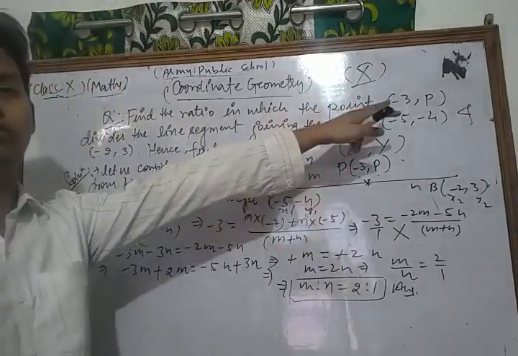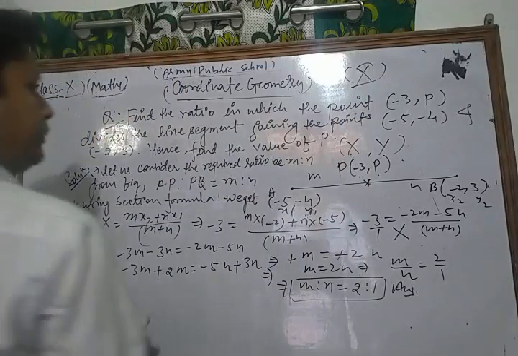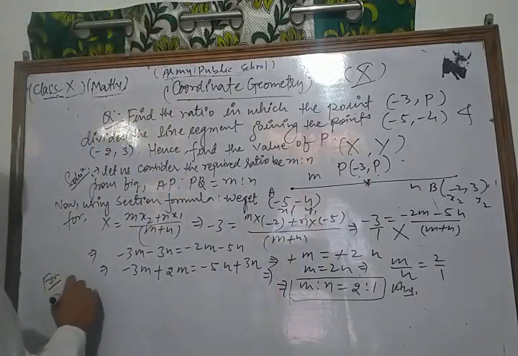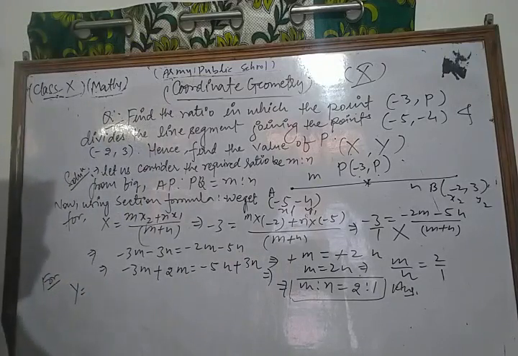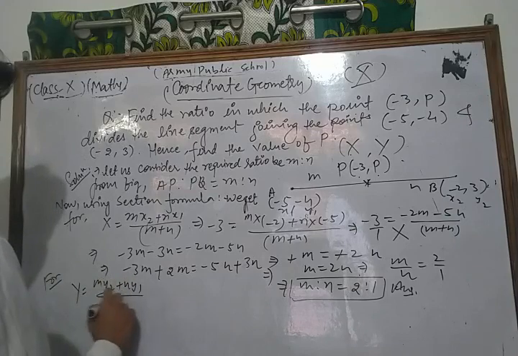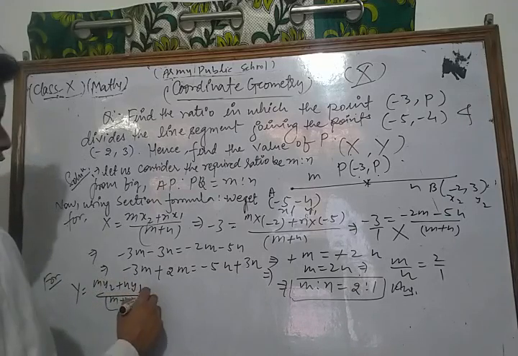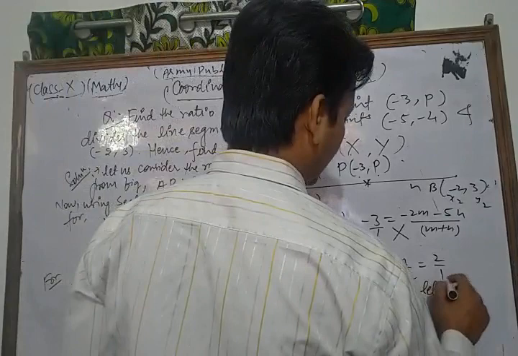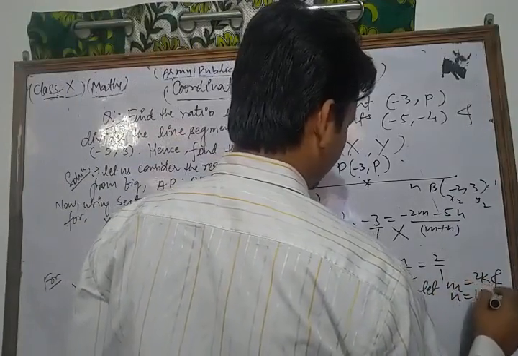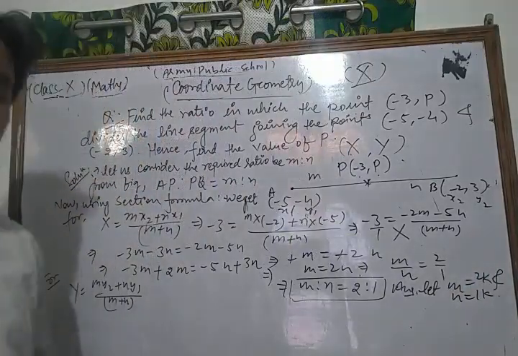Now we also find the value of p. For finding the value of p, we take y, which is (m y2 plus n y1) upon (m plus n). Now we take m equal to 2k and n equal to 1k respectively, because the required ratio is 2:1.